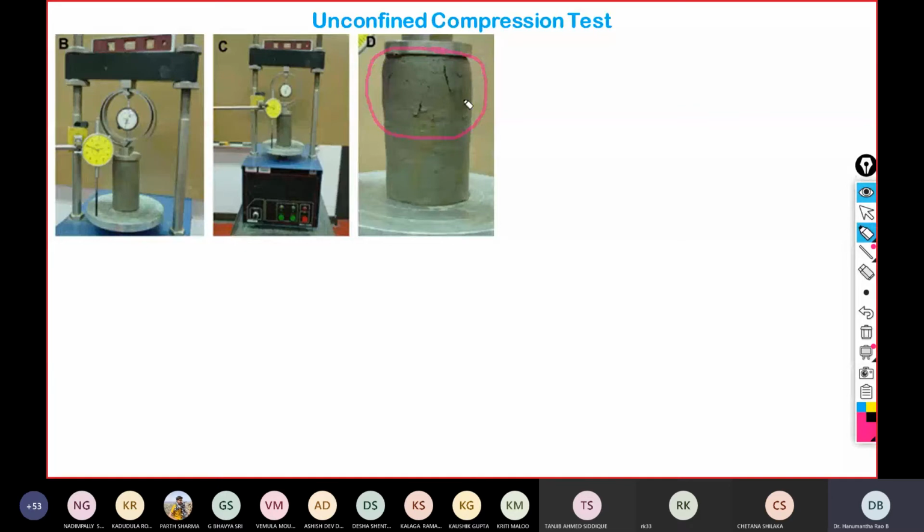That 20% we can clearly witness when there is bulging in the soil sample. This bulging could be at the top or bottom of the sample. When there is bulging, we can't see the development of the failure plane. Here you can see there is no shear failure plane in the inclined direction.